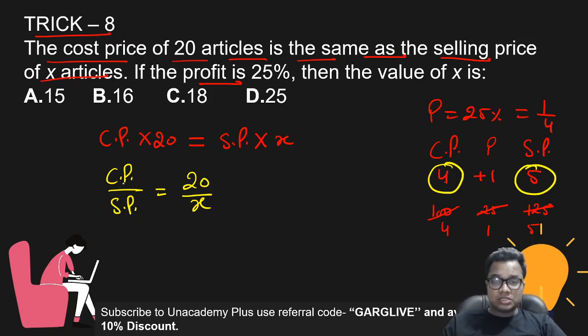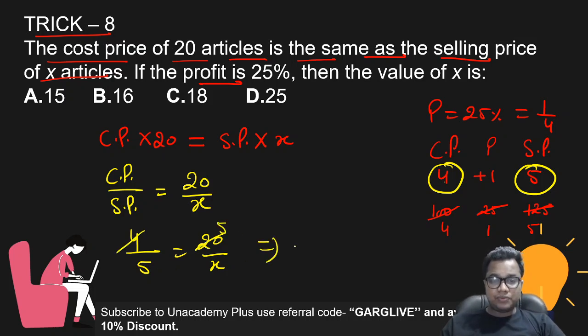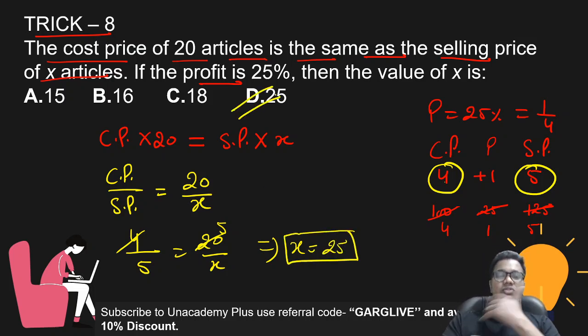So I can put here CP is 4, the selling price is 5, and that equals 20 by X. 4 goes to 20, how many times? 5 times. So the value of X is 5 into 5, which is 25. That's the answer.